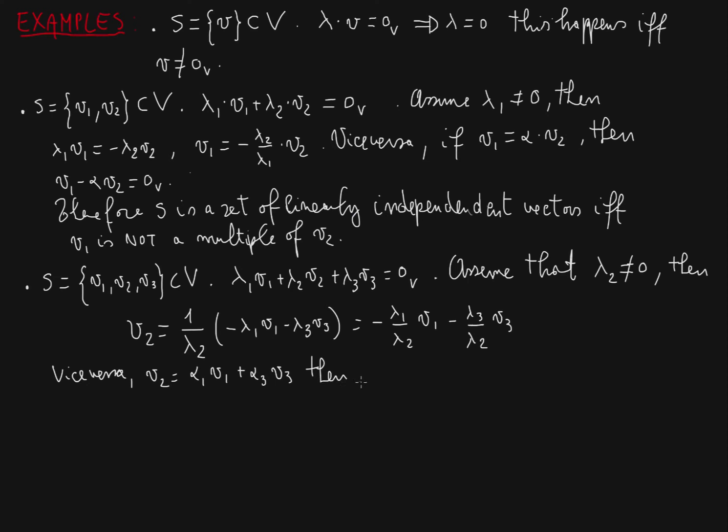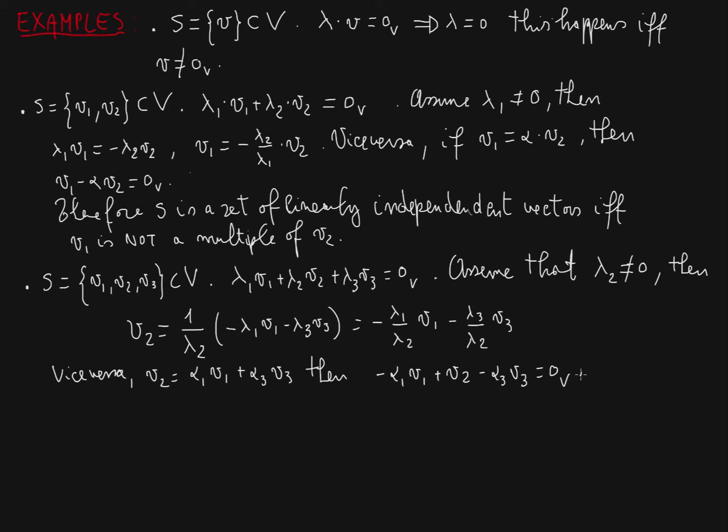Namely, we have negative alpha 1 v1 plus v2 negative alpha 3 v3 equals 0 in V. So here is the linear combination whose coefficients are, the first one is negative alpha 1, the second is 1, and the third is negative alpha 3.